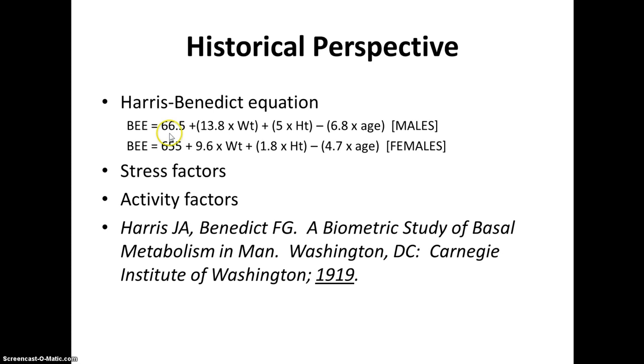So Harris and Benedict back in 1919 would recommend applying these stress factors, like if somebody is sick or has a broken bone or if they're burned. And so it would be the BEE times 1.2 or 1.5, 1.7, and you would add the stress factors together. On top of that, you'd add activity factors to the stress factors and multiply that times the BEE.